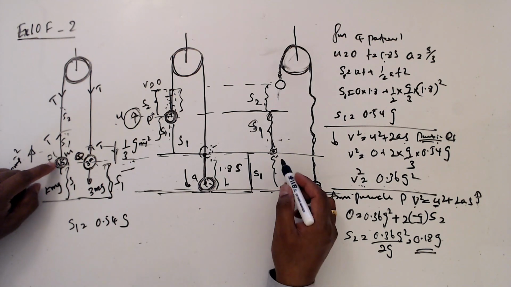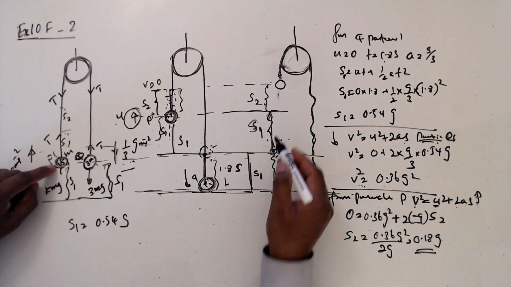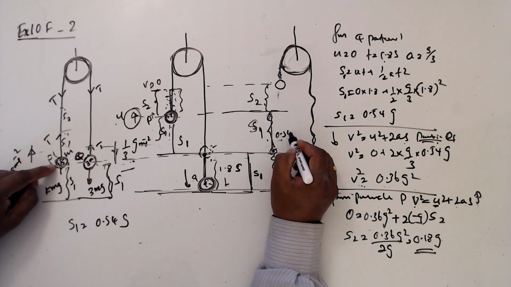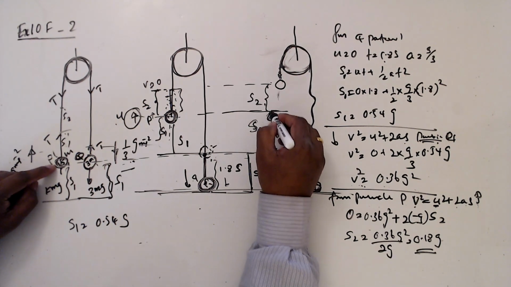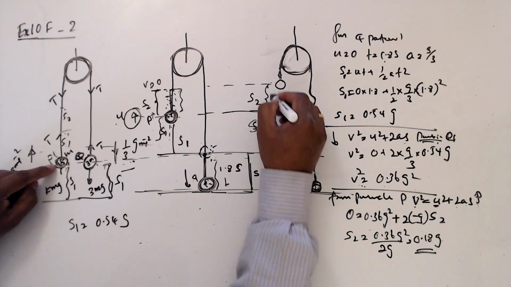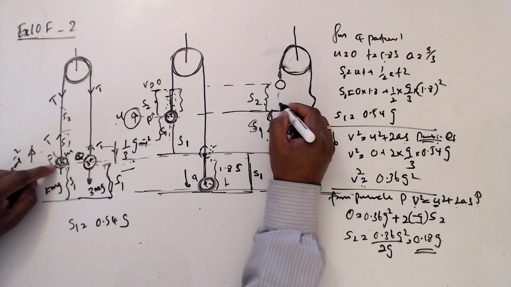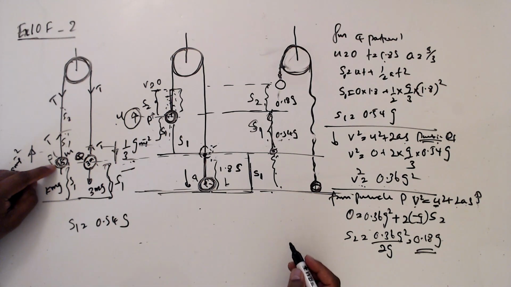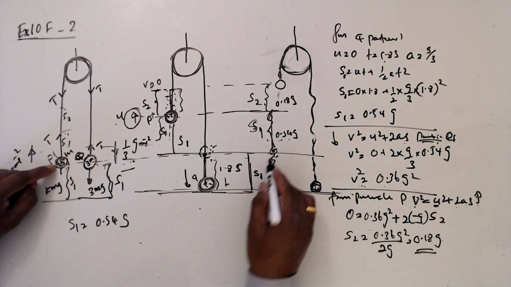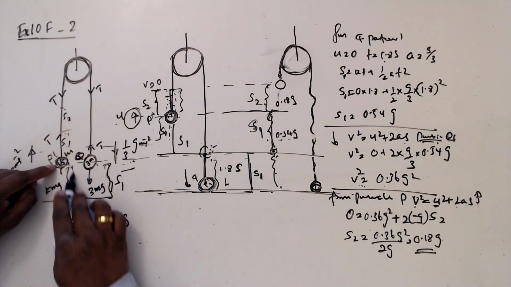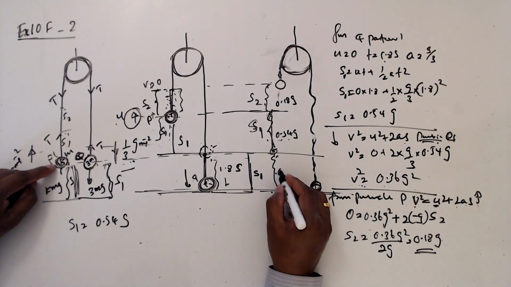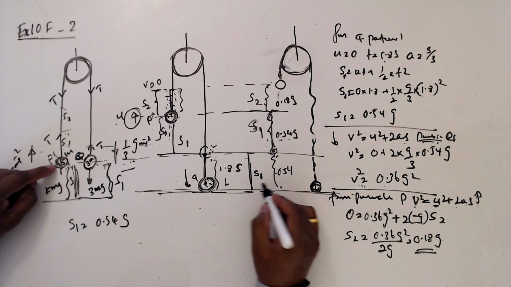So the particle was here, then it moved s1, that is 0.54 g, and then under gravitational it moved up, that is 0.18 g, and from the initial height for the particle, this distance we found out is 0.54 g as s1, same.